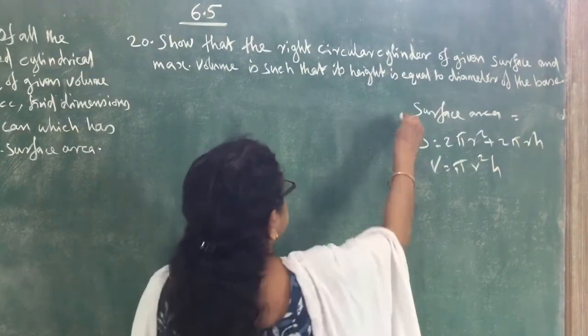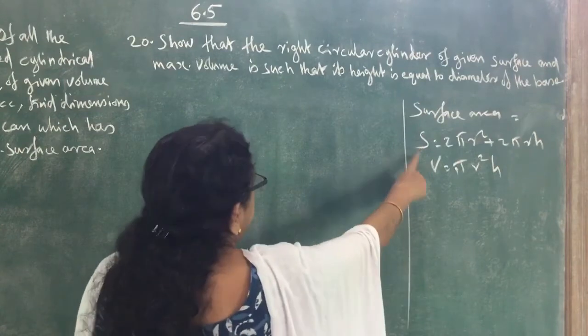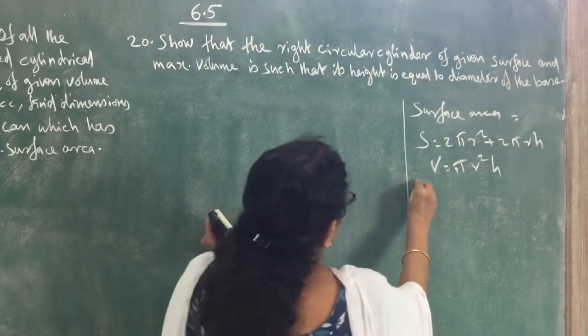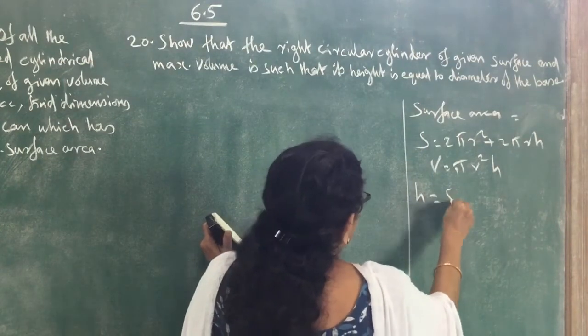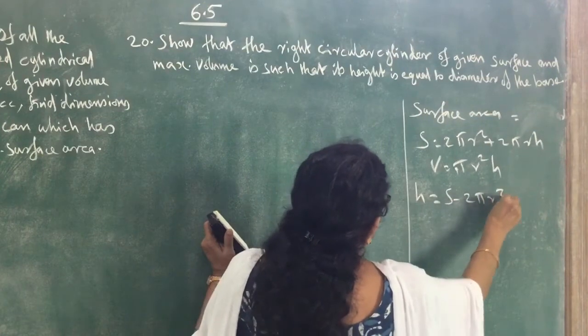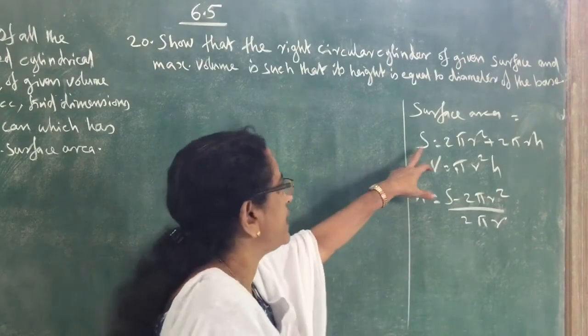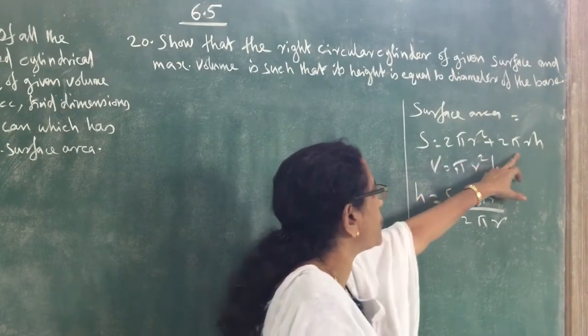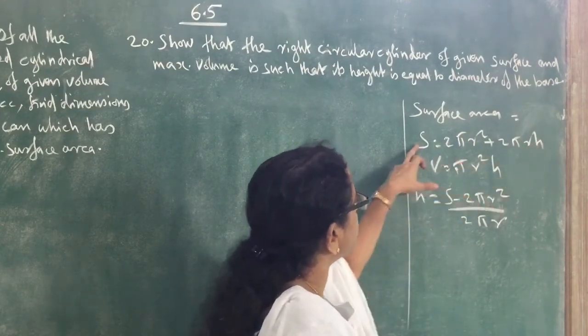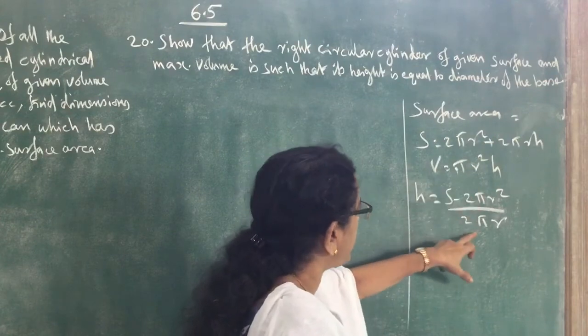So from this S we get H equal to S minus 2 pi r square divided by 2 pi r. Here S minus 2 pi r square equal to 2 pi r h. So H equal to S minus 2 pi r square divided by 2 pi r.